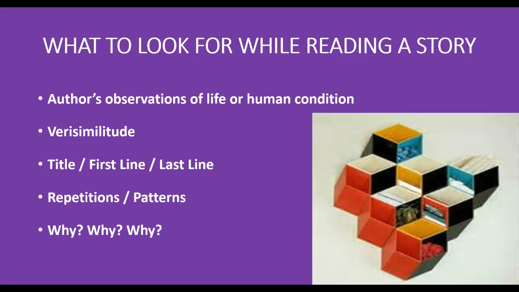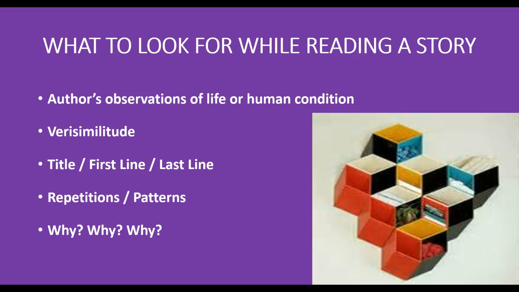Look for repetitions and patterns, repetitions of colors, repetitions of water, or something that might be symbolic. Keep asking why. Why did the author put that in there? Why did the author have this character say that?